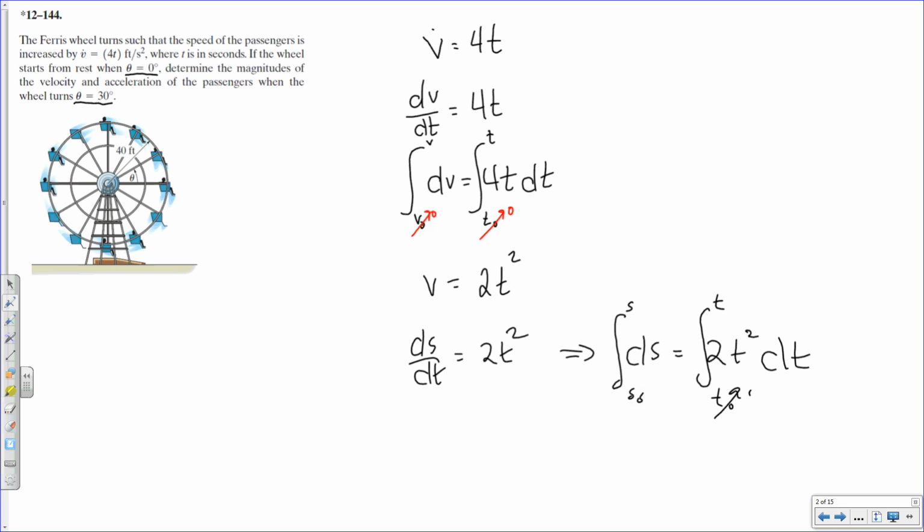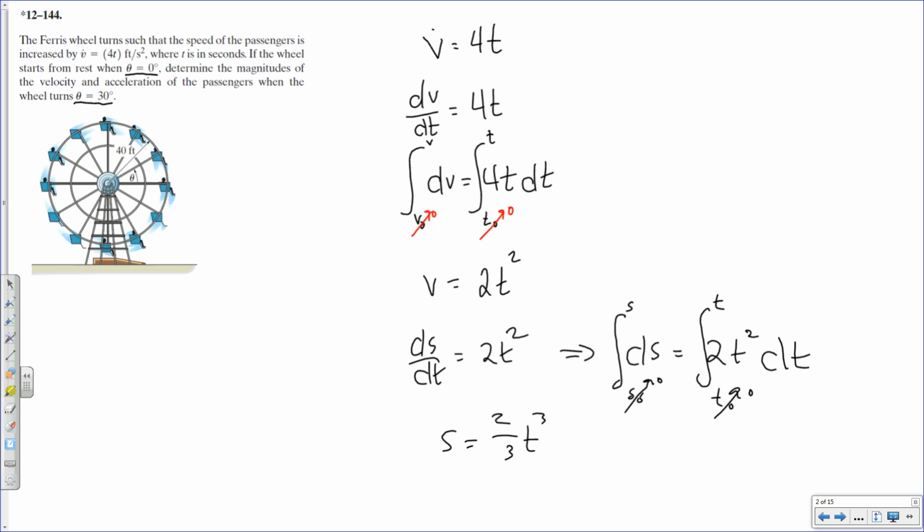Well, the initial time is still 0, and we can still call our initial position 0 as well. So performing this integral, s is equal to 2/3 t cubed.